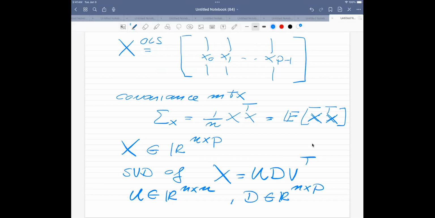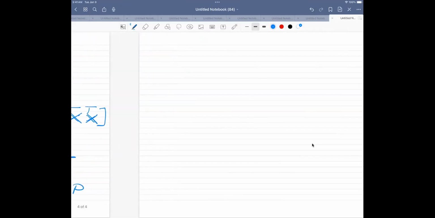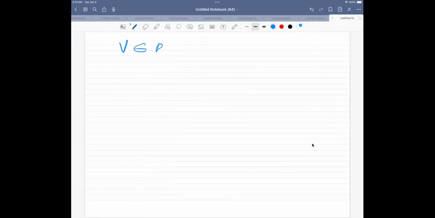And if you've been able to write it down, I'm just going to move to the next page. And this V has a dimensionality of p times p. And these are orthogonal matrices. Actually, I shouldn't write it like that.